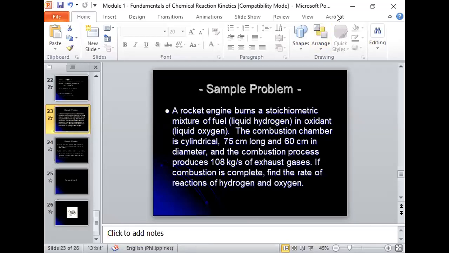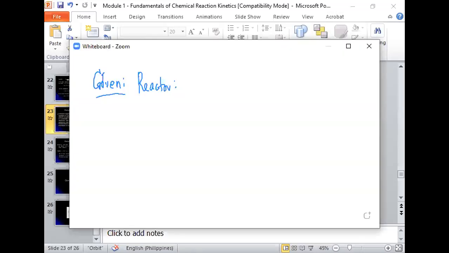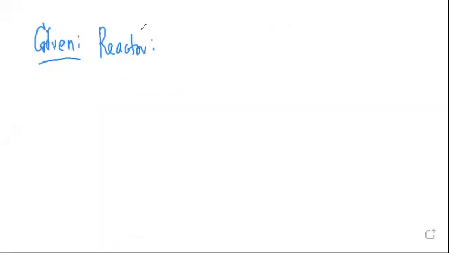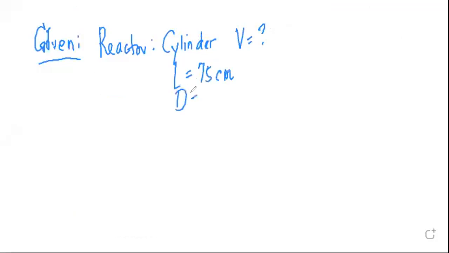So I'll go back to the board. In terms of your reactor, it's a cylinder. The volume is of course unknown, but you're given that the length of the cylinder is 75 and the diameter is 60. This was stated in the problem.